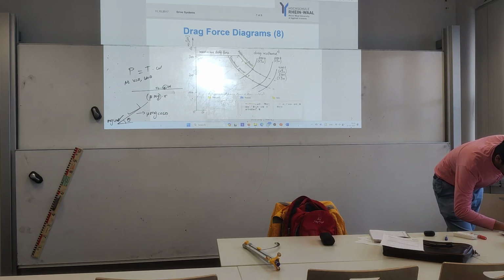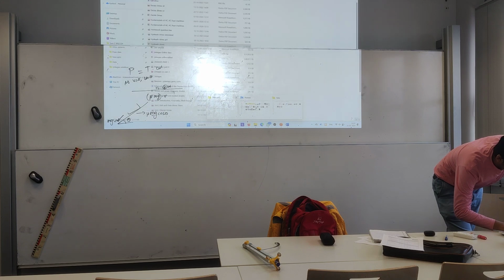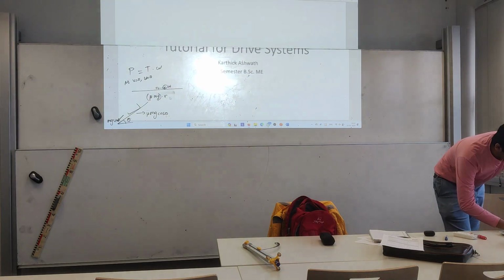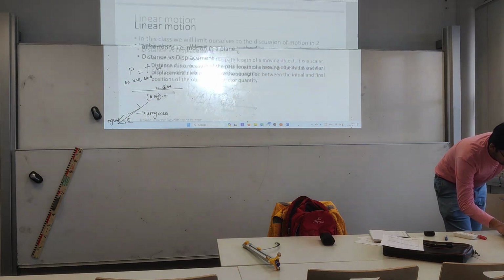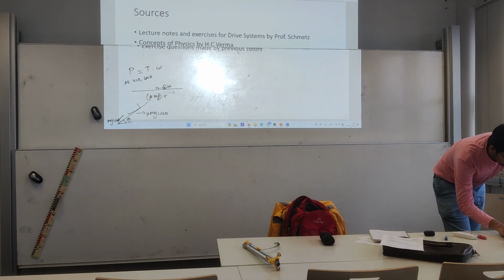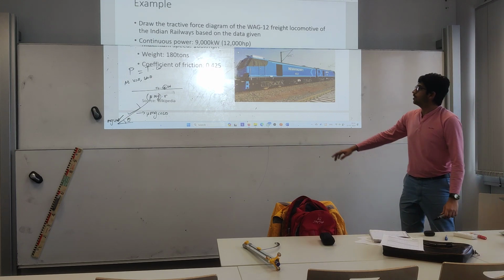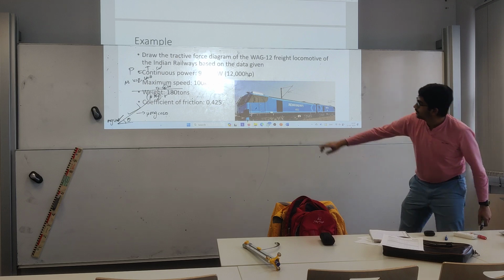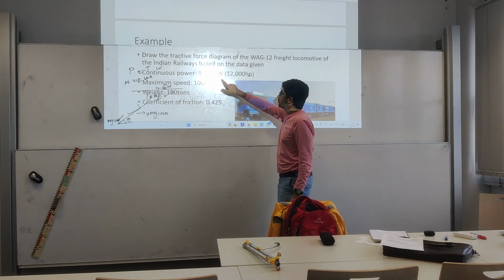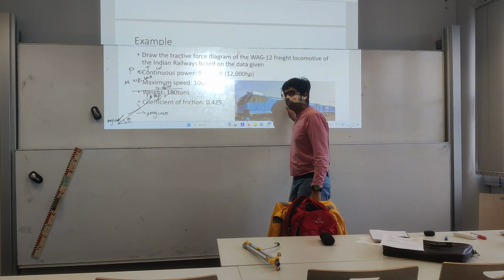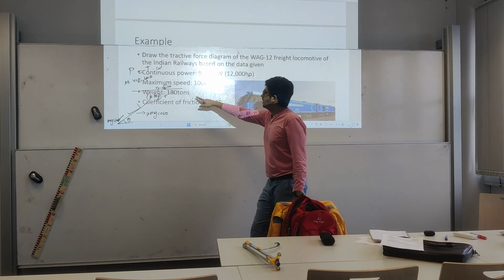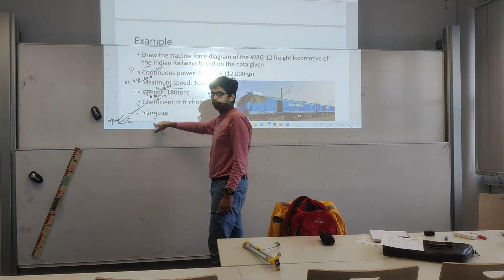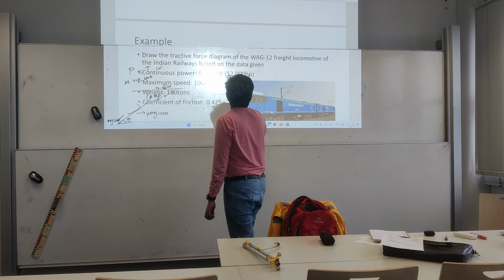Let me just open up my slides on that. Yeah. So usually you have the power given to you, kilowatts, and maximum speed, so that you know where to stop drawing the graph. The weight is given because we need the mu mg term, coefficient of friction.